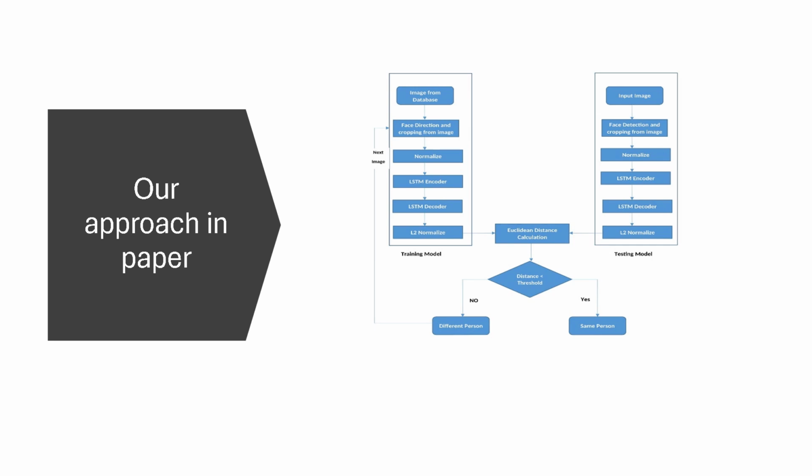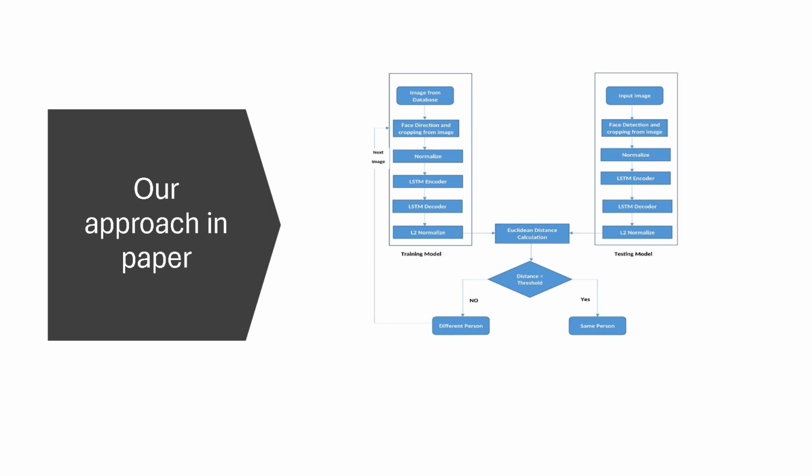Then, this is the approach which we have presented, we will use an LSTM encoder, and then at the next step we will use a decoder, which is the core of our idea behind the approach presented in the paper. And then we'll do L2 normalization, and after that whatever image we have obtained will be fed to the training model, and this will happen repetitively for thousands of images while we are doing the training.